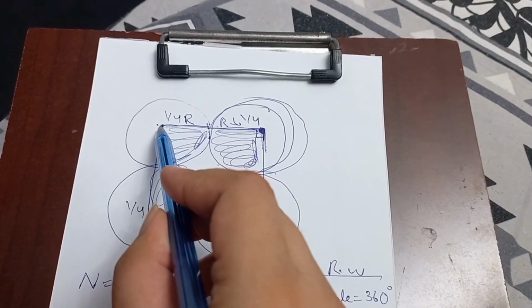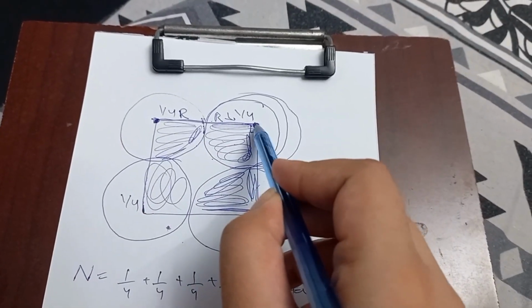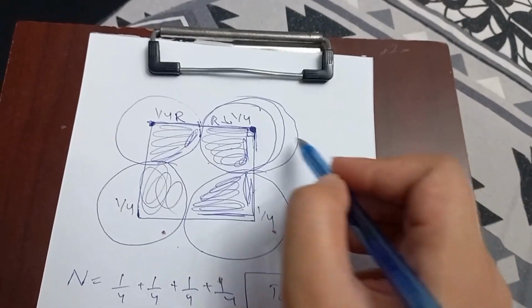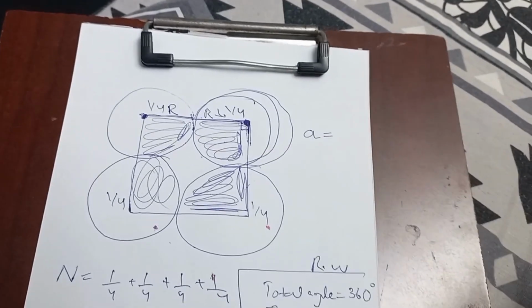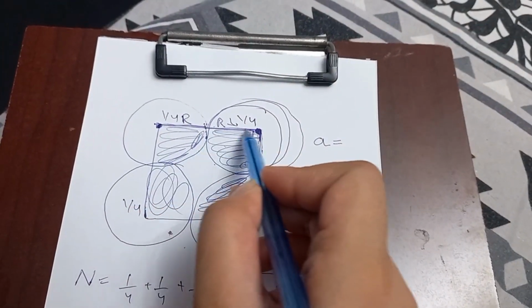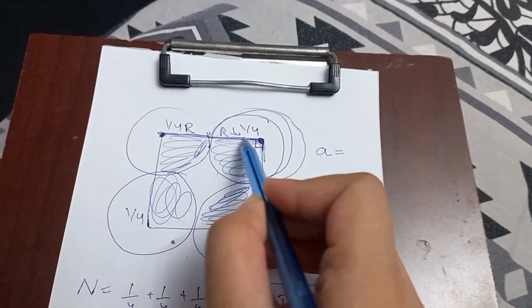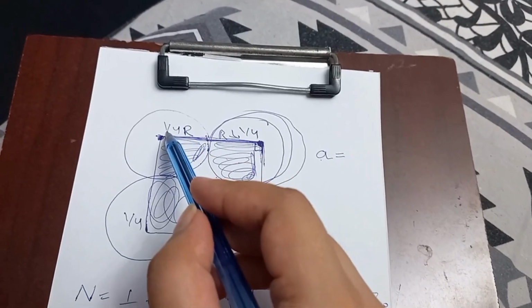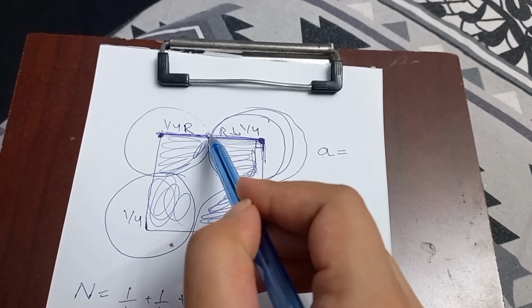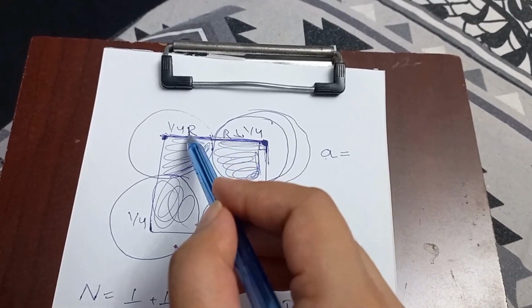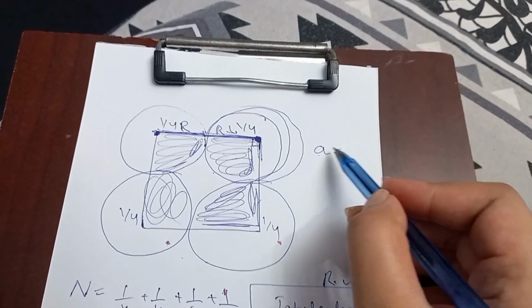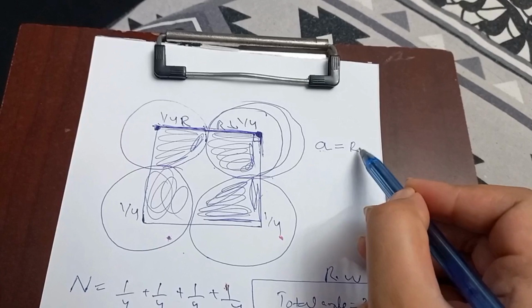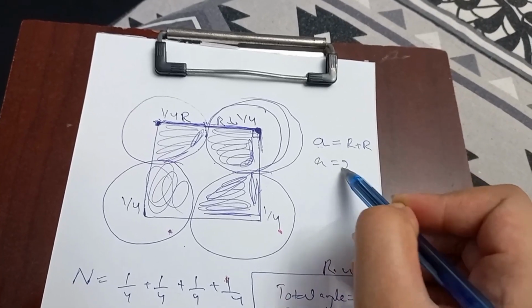So we can see that from this corner to this corner we have the lattice, this distance is the lattice parameter, which is a. We know that this is the cube length, and this distance is r and this distance is r, so the total distance is r plus r. So a could be expressed as r plus r, so a is equal to 2r.